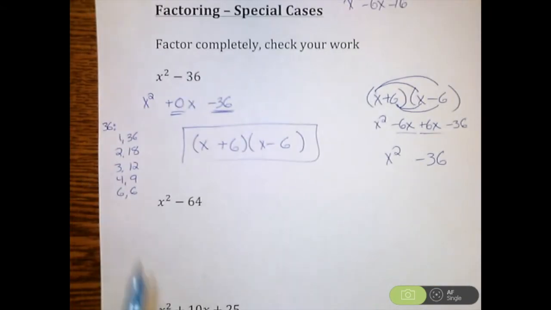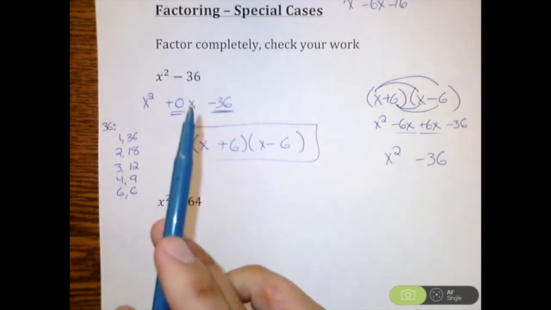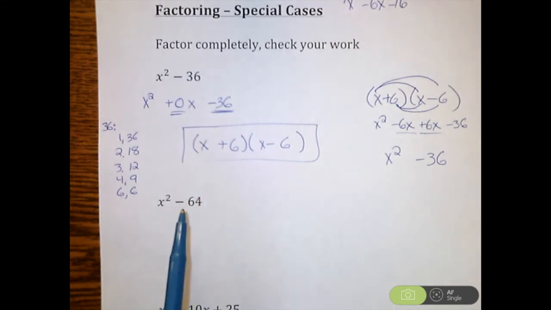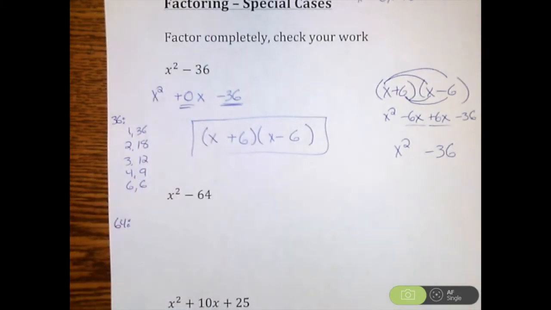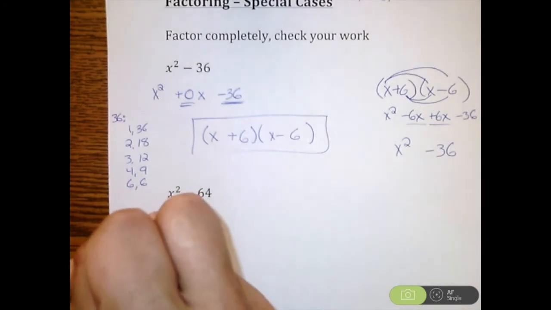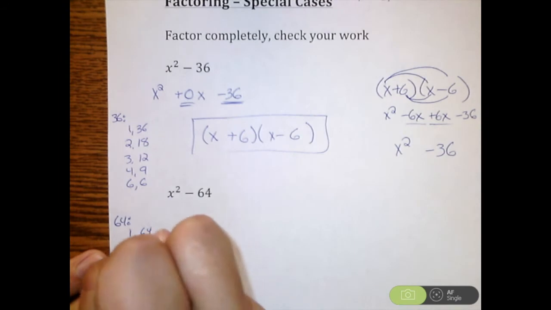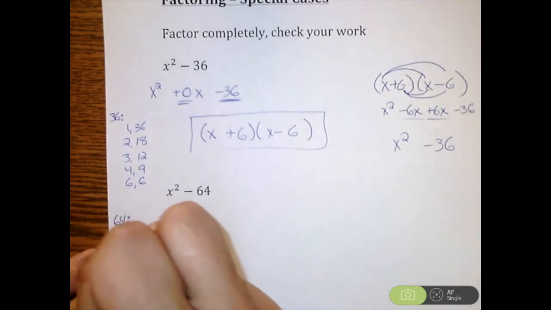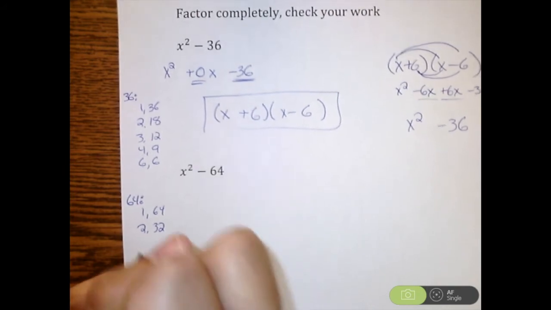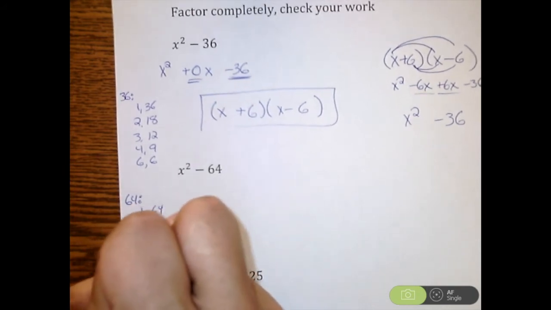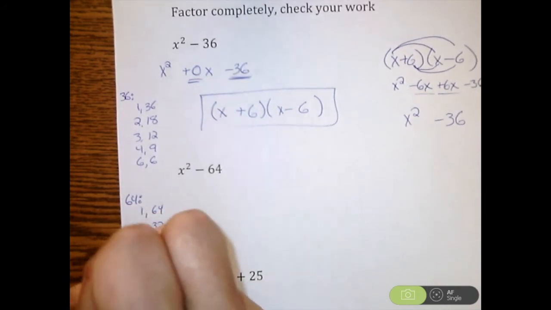Another example there, x squared minus 64. I'm not going to write the 0 term in, but I recognize it's there because that middle term is 0. So I'm looking for two numbers that multiply to negative 64, but add to 0. Numbers that multiply to 64 are 1 and 64, 2 and 32, 4 and 16, 8 and 8.